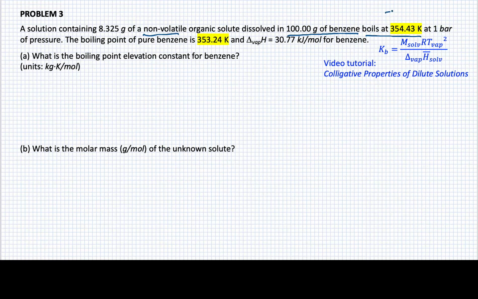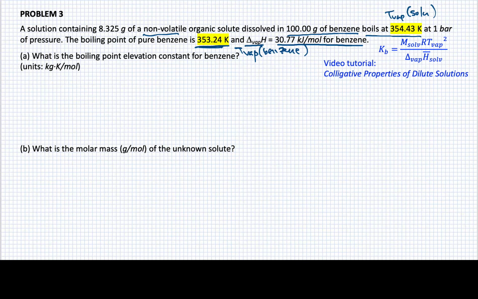So this is the vaporization temperature for the solution. This is the vaporization temperature for pure benzene. So there is a change from one of these to the other. And we have the heat of vaporization for benzene is essentially 30.77 kilojoules per mole.